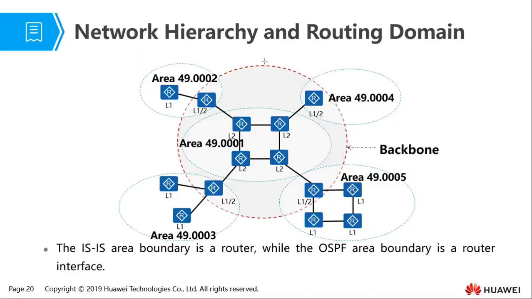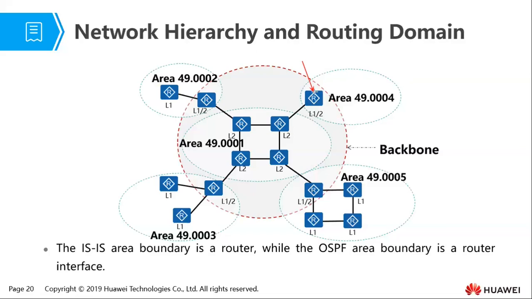Level 1-2 routers will normally belong to a backbone area, and maybe also to a non-backbone area. For example, this router here, we've configured it as a level 1-2 due to future expansion, but maybe it belongs to area 1 and area 2, but it's not connecting to any other router.